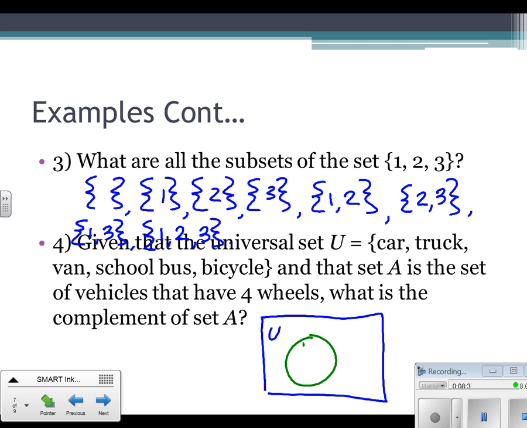So car, truck, we're going to put truck here even though it could have more, but it can have 4. Bus, and let's see, we also have van. And so the complement would be bicycle. So the complement of A, write your braces, you'd write bicycle in the braces like this.